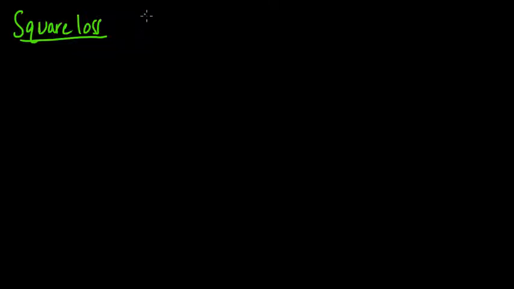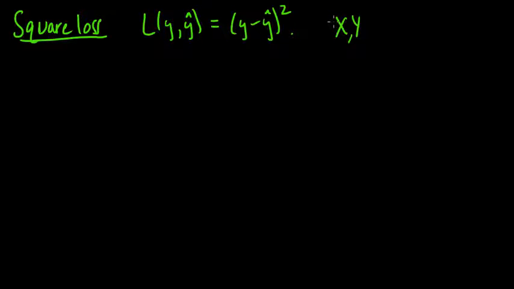So the square loss we defined in another video, and that's just the square of the difference between our prediction and the true value. And for this, we're again going to have random variables x and y, but now y will have a PDF, a density, because for regression we want to have continuous valued y's, real valued y's.